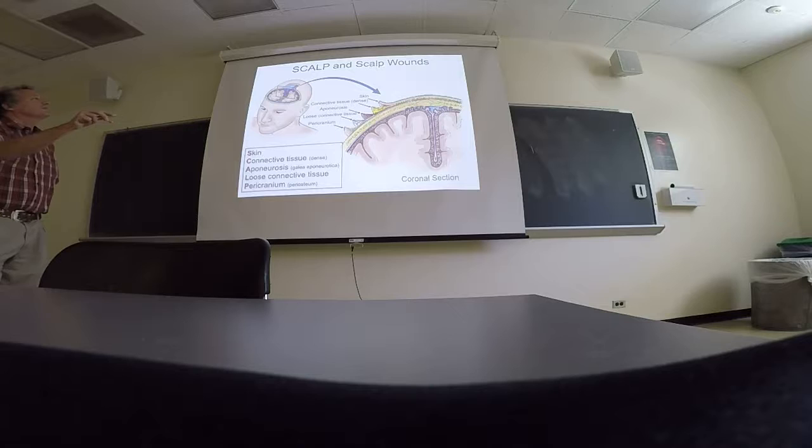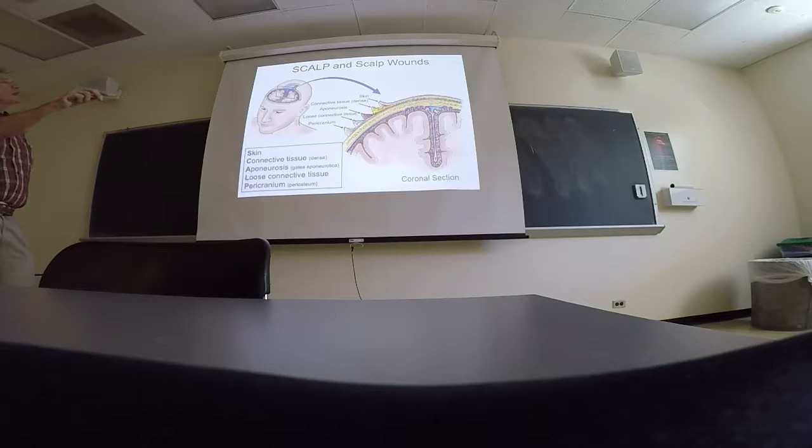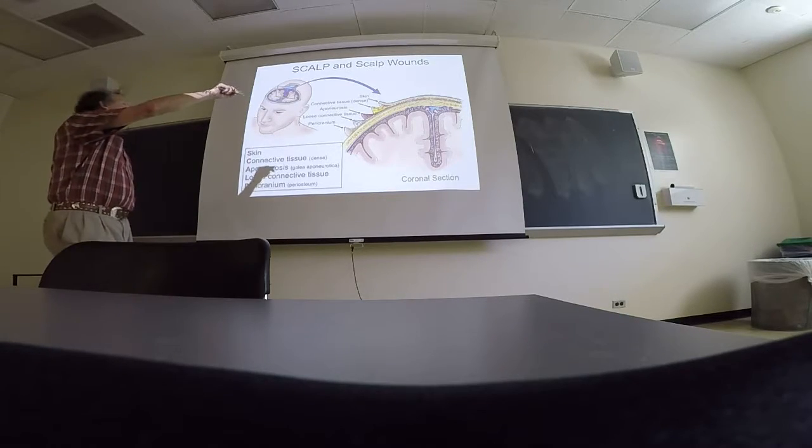There's skin, there's dense connective tissue, there's that aponeurosis connected to the frontalis in the front and the occipitalis in the back. Then there's this sort of loose connective tissue underneath, which is called the danger area because infection can travel from one part of the scalp to another. And then on the outside of this bone, as you know, is periosteum, which is called pericranium.